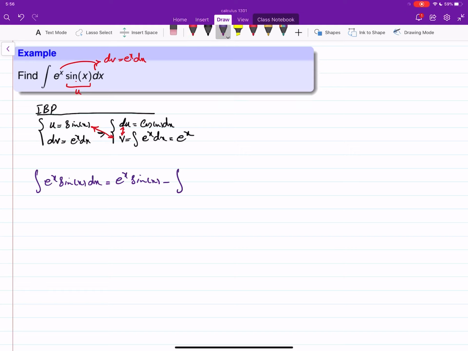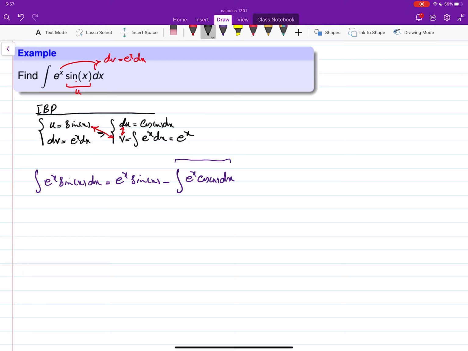So e to the power x cosine x dx. And you see that we are very close to what we had at the beginning, but this time we have cosine x.